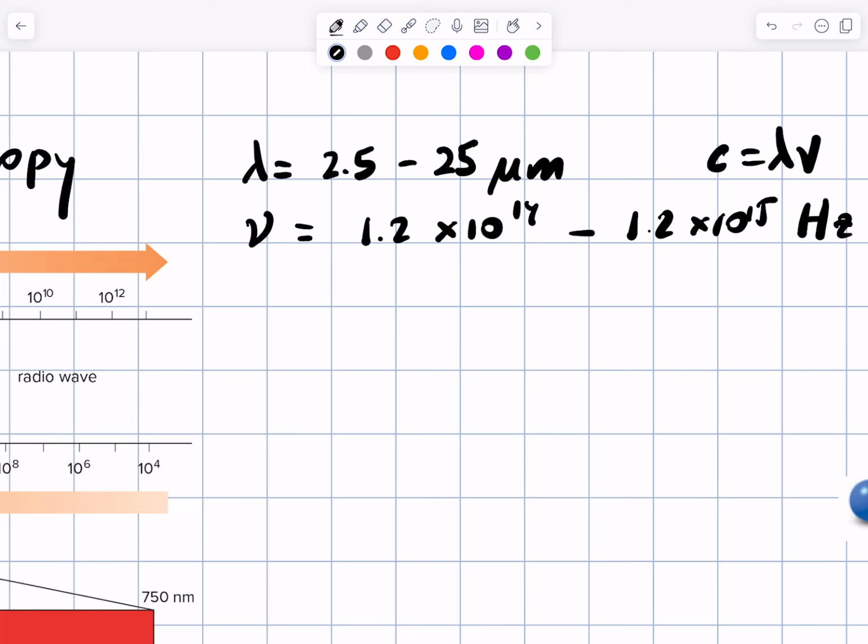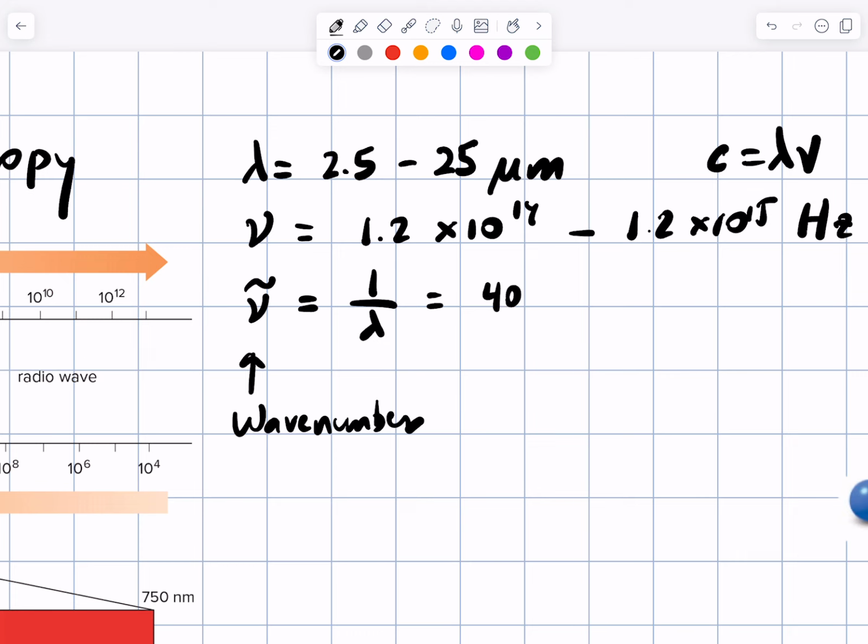We use not wavelength, nor frequency, but something that looks like frequency with a little tilde, and that number is equal to 1 over the wavelength. And we call this wave number because it is the number of waves that are packed in per unit of distance.